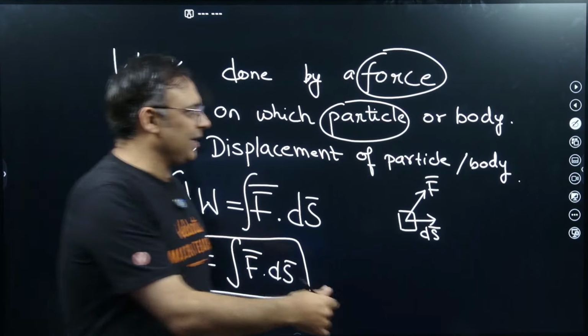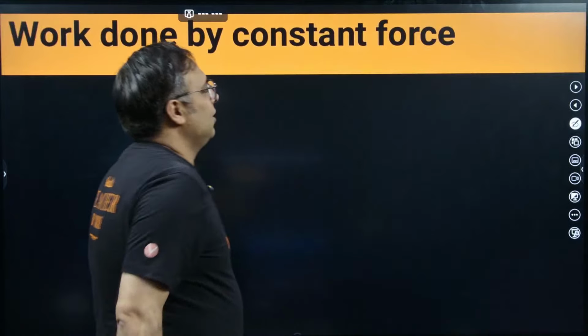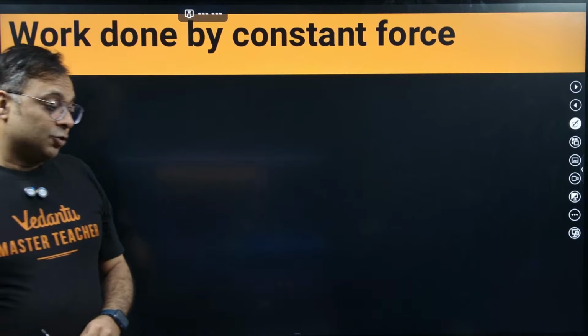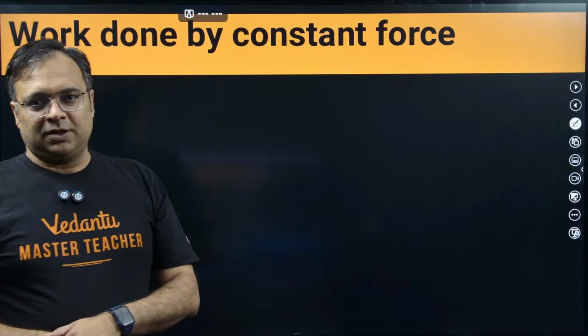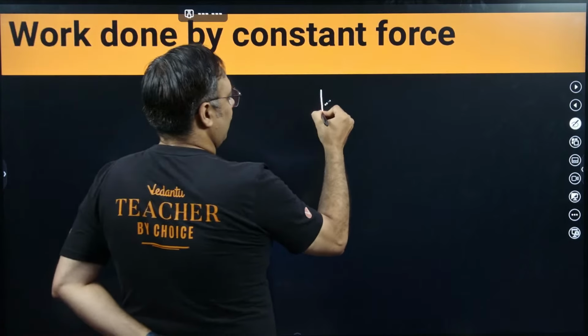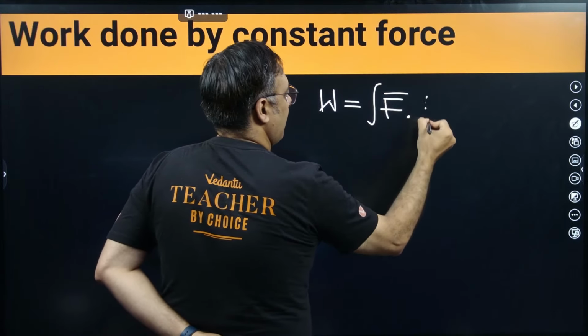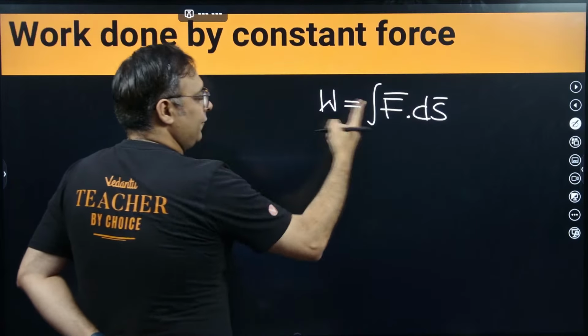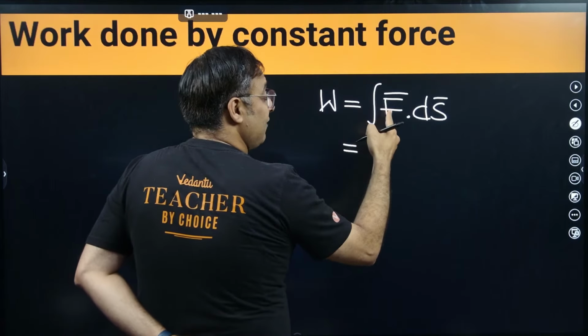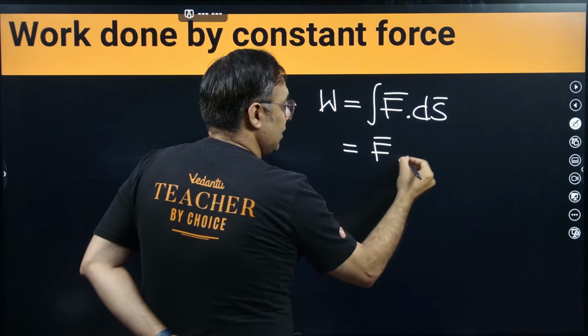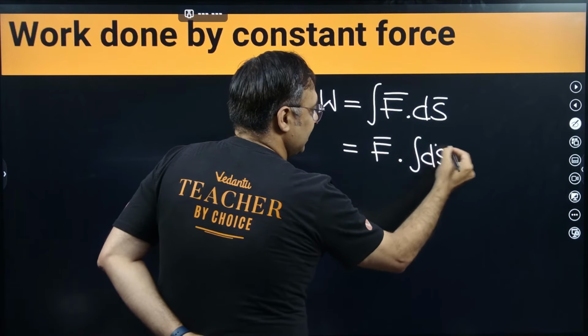Okay, let's take a step ahead. So we will start with the concept of work done by a constant force. Whenever we talk about this constant force work done, can you see from this definition, this F vector, because it's a constant, it will come out of the integration and you are left with integration ds vector.